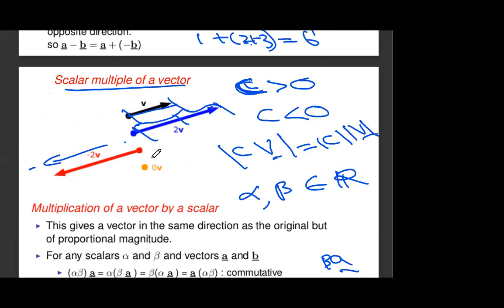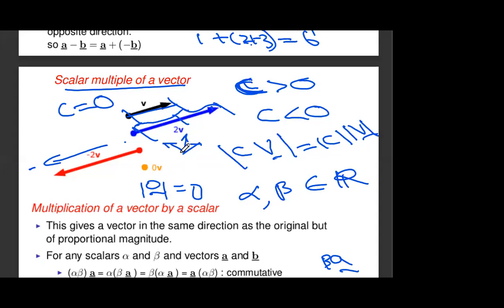So when the scalar is equal to 0 and you multiply v by 0, you get a 0 vector. The magnitude of the 0 vector is 0, but the direction is not defined. It could be any direction. For the 0 vector, you can define any direction.